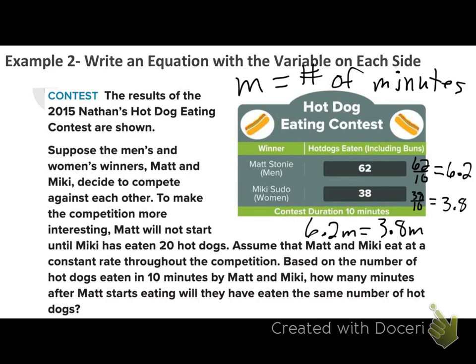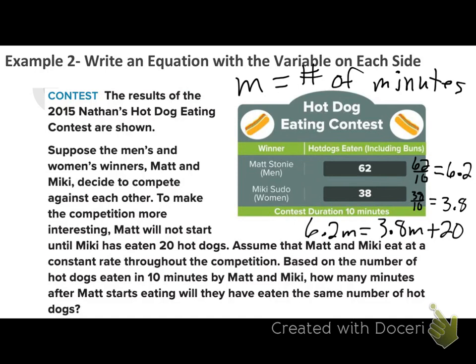But what's Mickey's advantage here? She ate 20 hot dogs before he started. She's going to get a 20 hot dog head start, right? So what can I add to Mickey's 3.8 M? 20, right? So the total number of hot dogs that Matt eats equals the total number of hot dogs Mickey eats plus 20, because she's got that 20 hot dog advantage.